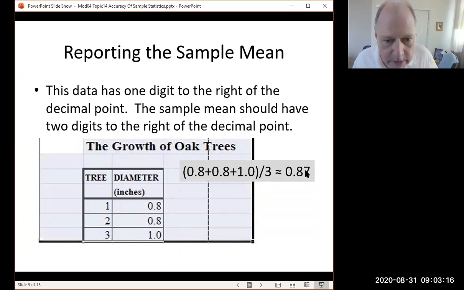So see how I went out to the hundredths place. I said 0.87. I included that 7 in the hundredths place. The number on my calculator might go on farther, but I cut it off with 1 digit more than the original data had.